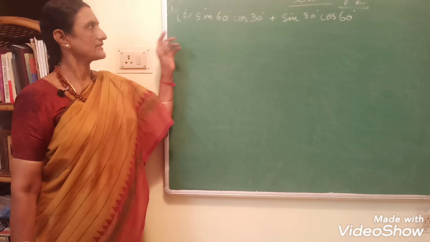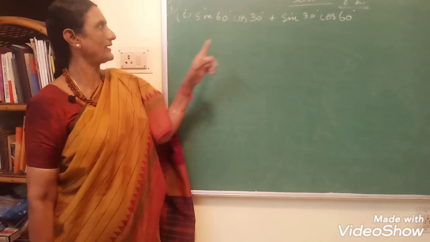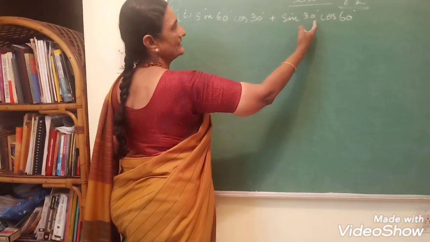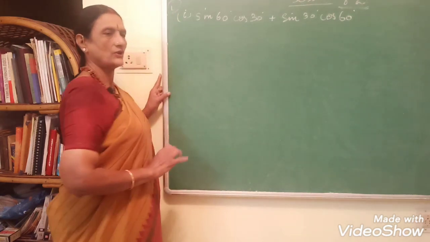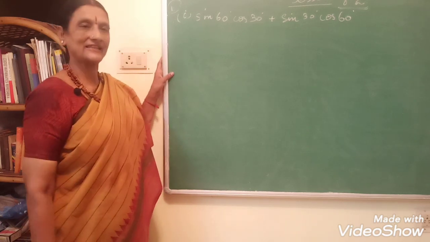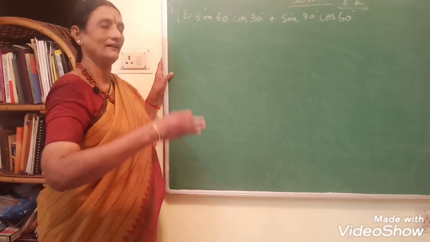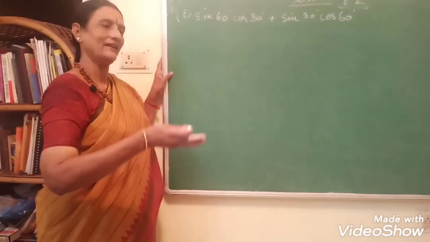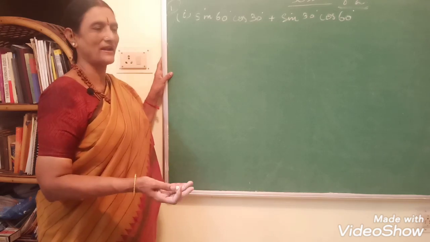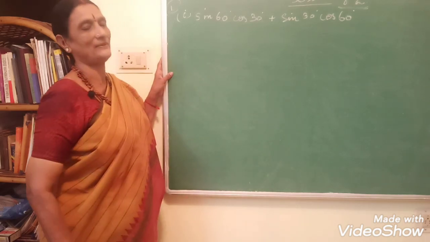Okay. Children, please take down the first sum, first subdivision of exercise 8.2. Sin 60 cos 30 plus sin 30 into cos 60. If you look at the trigonometric ratios of sin values, sin 0 is 0, sin 30 is half, sin 60 is root 3 by 2, sin 45 is 1 by root 2, and finally sin 90 becomes 1.